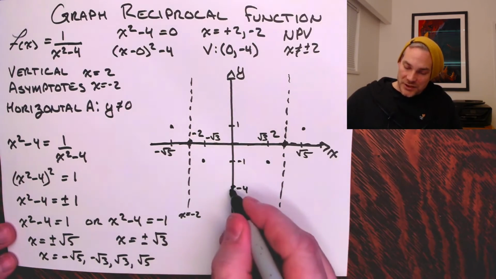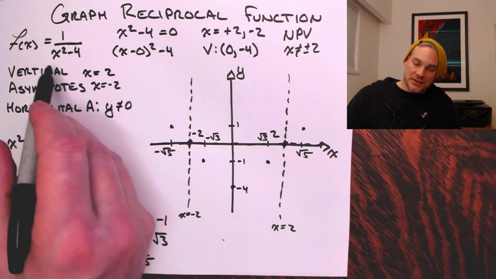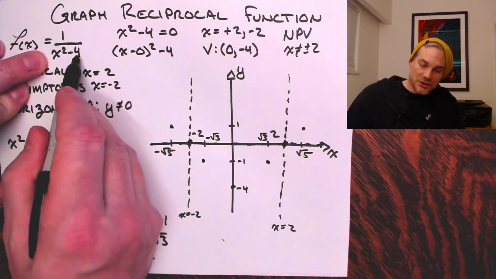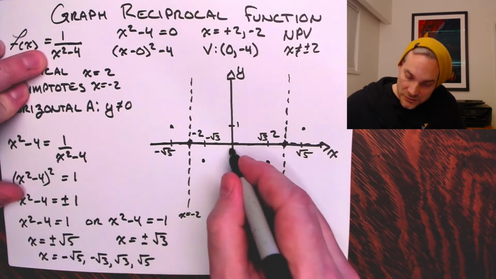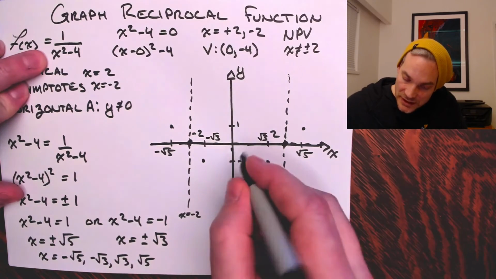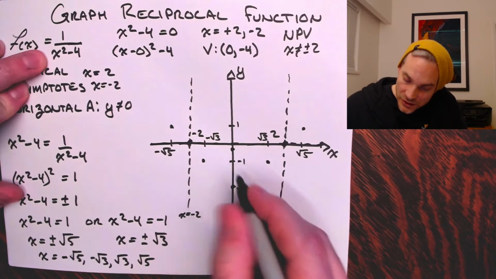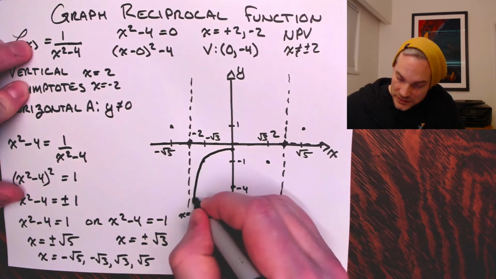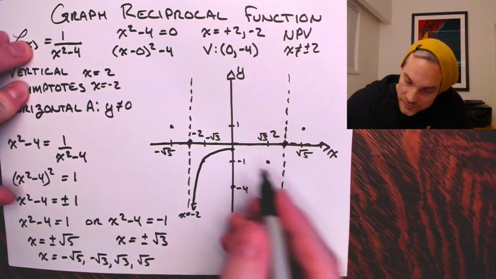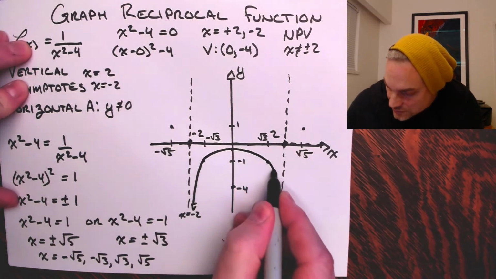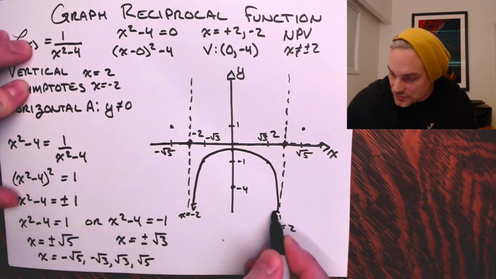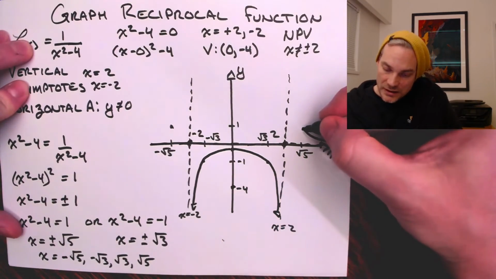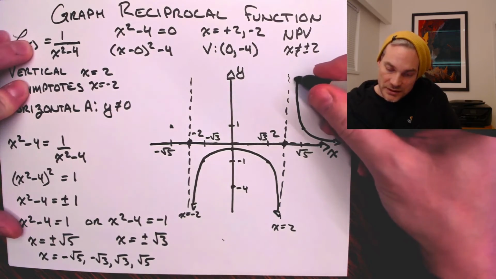Now I have the vertex. The reciprocal of the vertex would be a point right up here. I'll draw this graph in, but it's going to be like this. Now this tends to 0, and this tends this way.